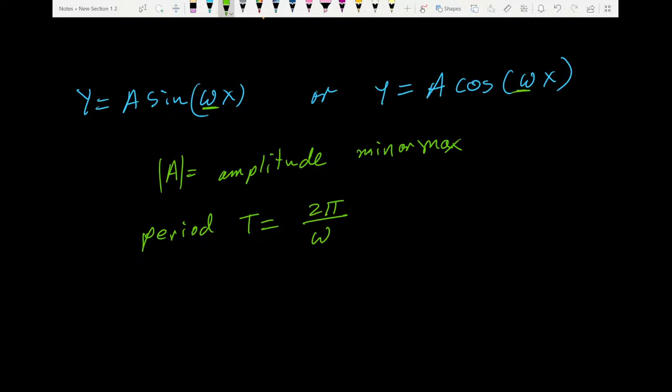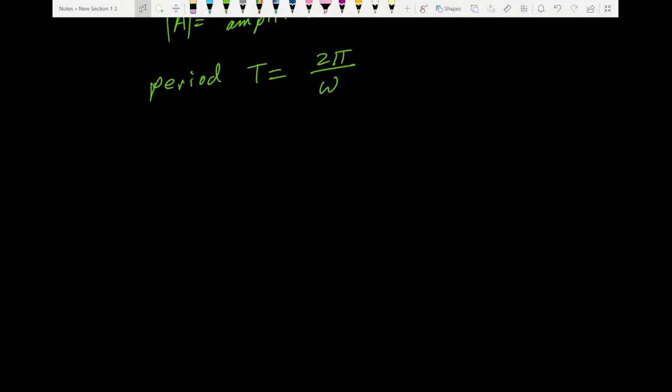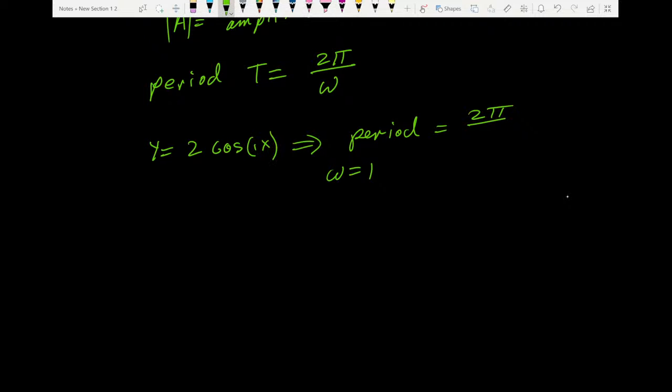So, given this information, let's graph y equals 2 cosine of x. It's very simple. Right over here it tells us the period equals 2 pi over omega. Omega is 1, so the period stays 2 pi, and the amplitude is 2.